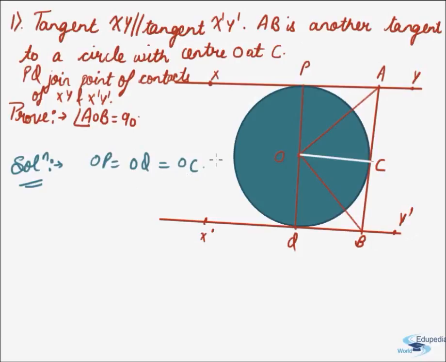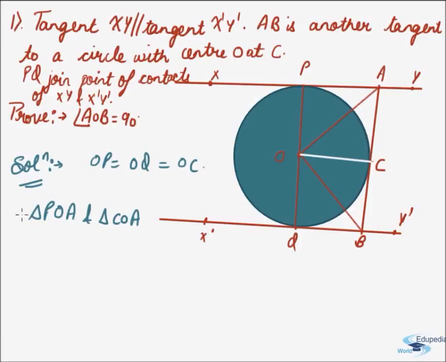Now let us concentrate on the quadrilateral PACO. In this quadrilateral we have two triangles, that is triangle POA and triangle COA, where P and C are point of contacts and O is the center of the circle.